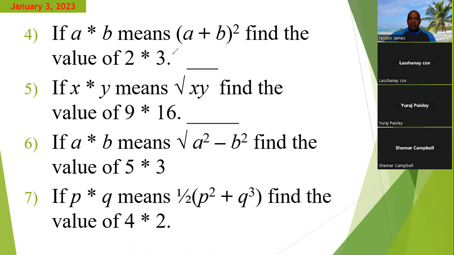So A represents 2, sir. And B represents 3. Okay. So 2 star 3 would give you what? 2 plus 3. So don't forget the brackets.